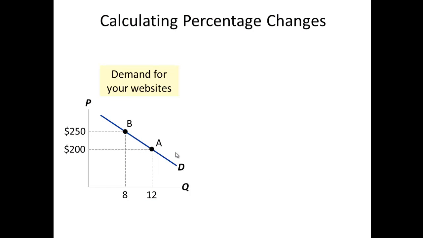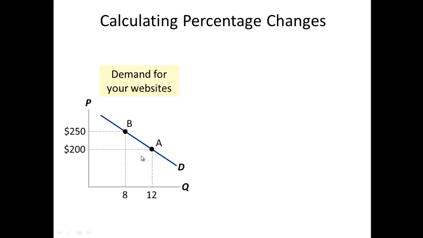So let's take a look. We started at 200, and we know that at 200 you were designing 12 websites a month. When we go along that curve, we do a movement, not a shift, because we have a change in price. So we have 250. And at 250, when we go down, we find that we will sell 8 websites a month. So our change in quantity is from 12 to 8, and our change in price is 200 to 250.